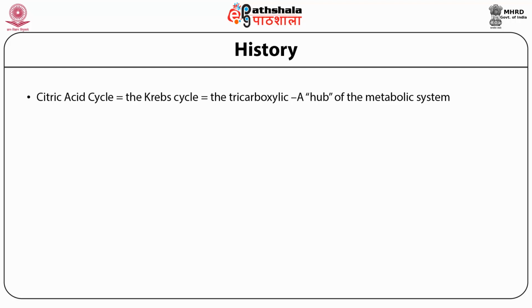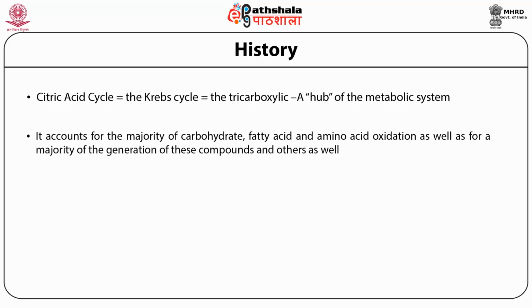The citric acid cycle is also called the Krebs cycle or the carboxylic acid cycle, and it is the hub of the metabolic system. It accounts for the majority of carbohydrate, fatty acid, and amino acid oxidation.